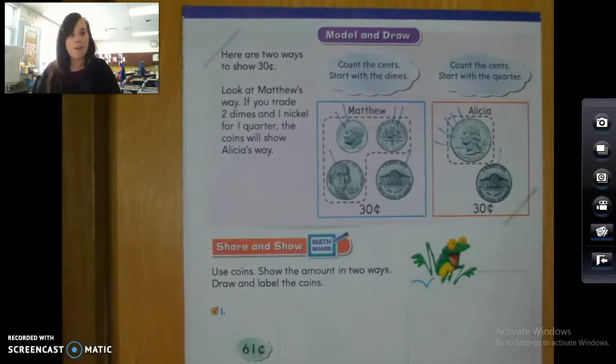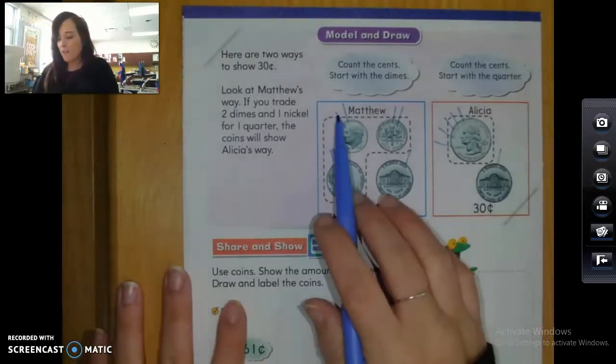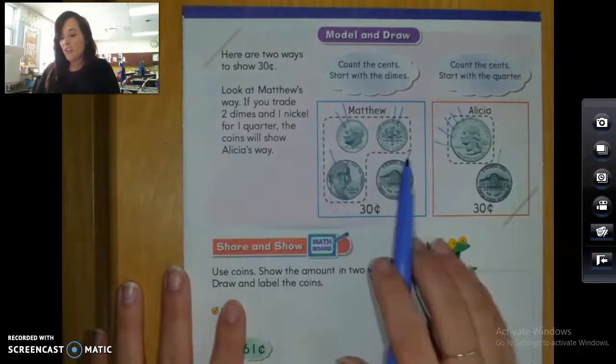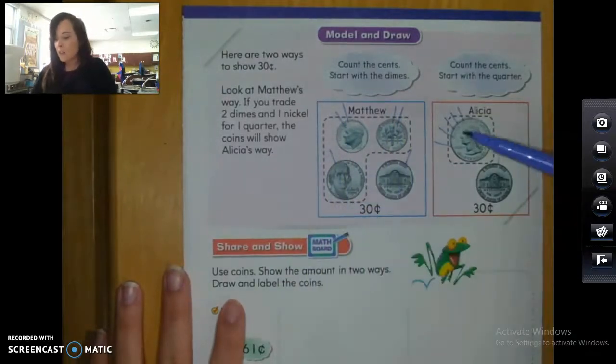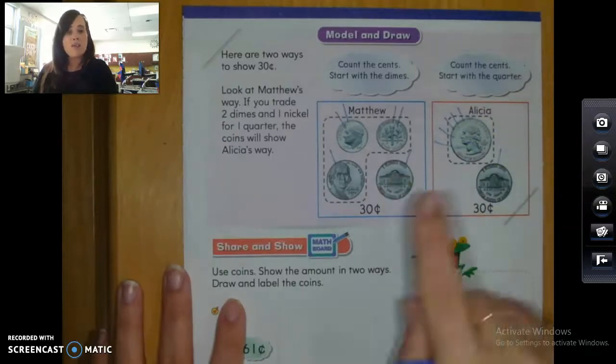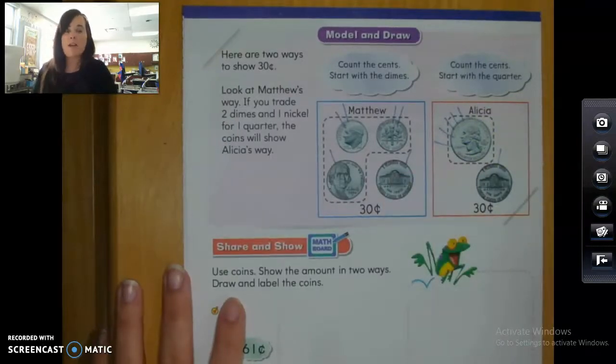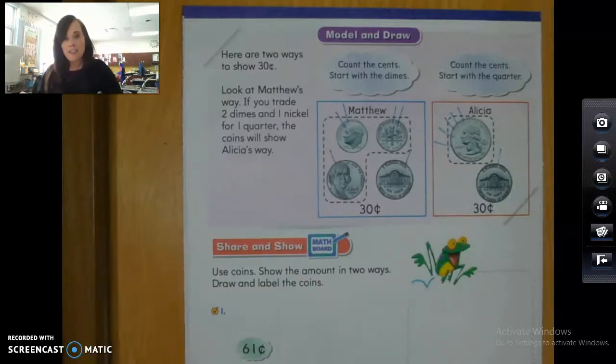And both of them are going to show 30 cents. So here we have 5, 10, 15, 20, 25, 30. And here we have 5, 10, 15, 20, 25, 30. Two different sets of coins, but they equal the same amount. So we're going to be practicing that today, showing 2 ways to make the same amount of money.